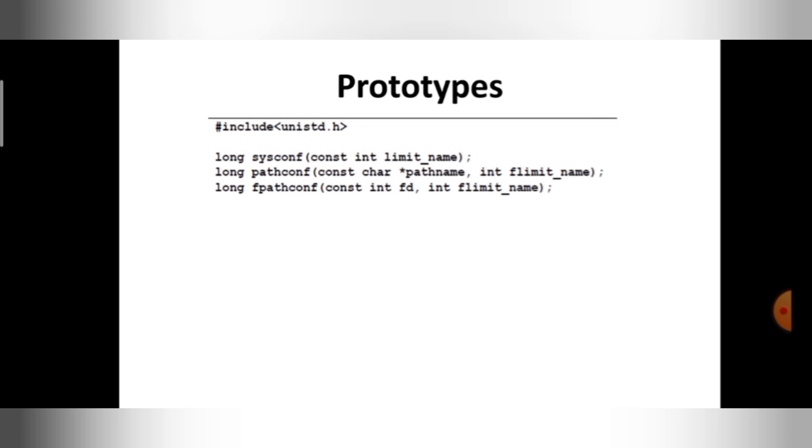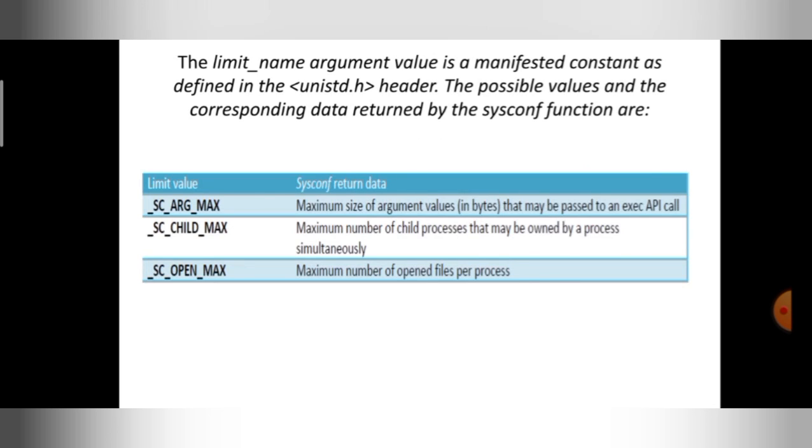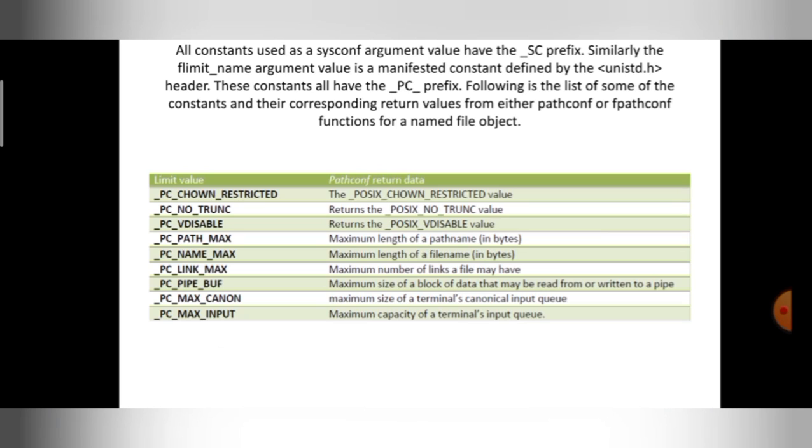So this is for pathconf. In the same way, you can see for fpathconf also you are using a name. So if you are using this argument value, the PC prefix will be there for fpathconf and pathconf. Hope you are understanding. For sysconf, the SC prefix will be there. For pathconf and fpathconf, the PC prefix will be there. Right? Hope you are understanding, guys.